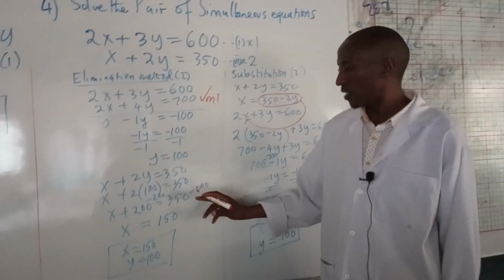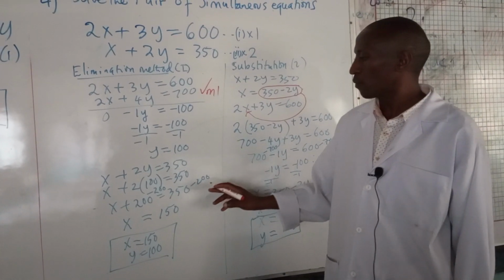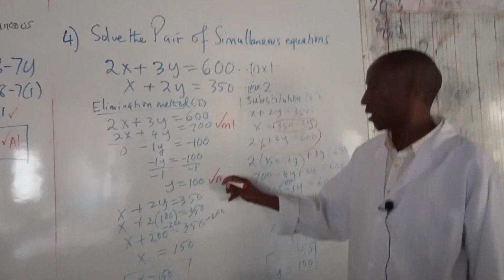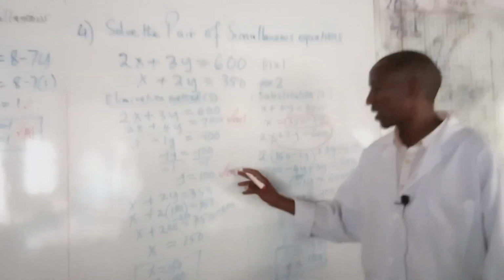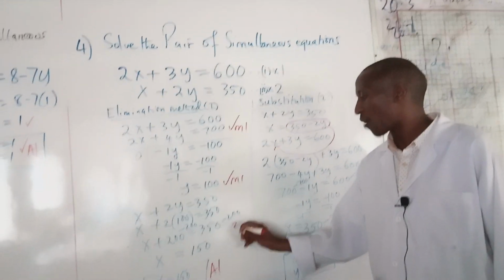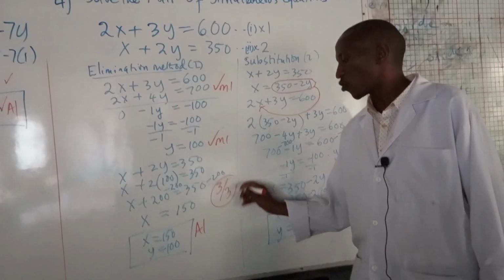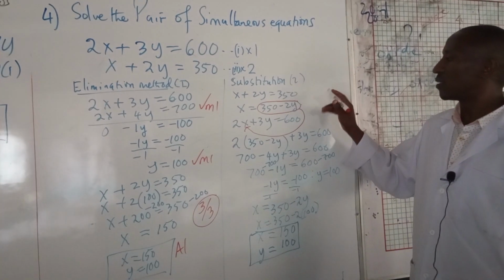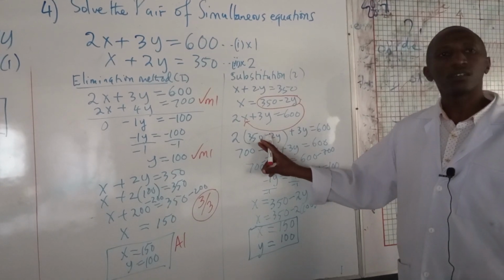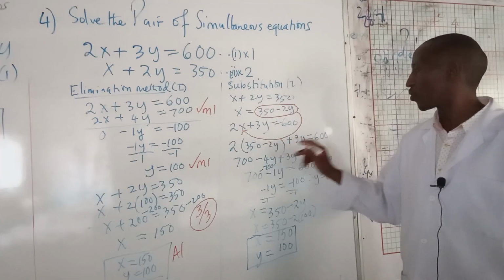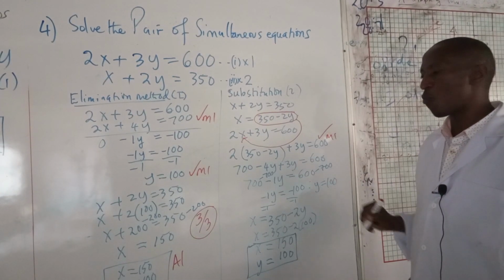Now, where the student is able to get one of the values correct, ready for substitution, that gives you A1, and for the final answer, A1, and that awards the learner 3 out of 3. In this other case, we have the successful substitution of the simple equation into the other equation, that gives you M1.